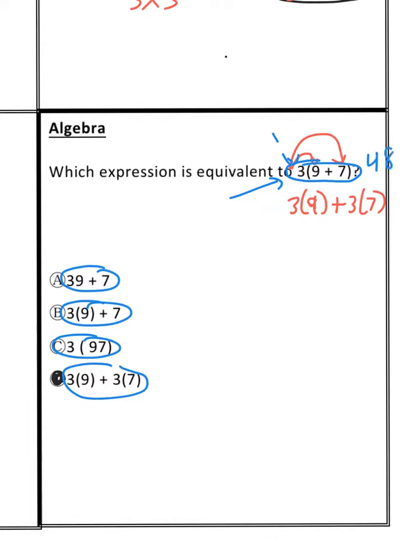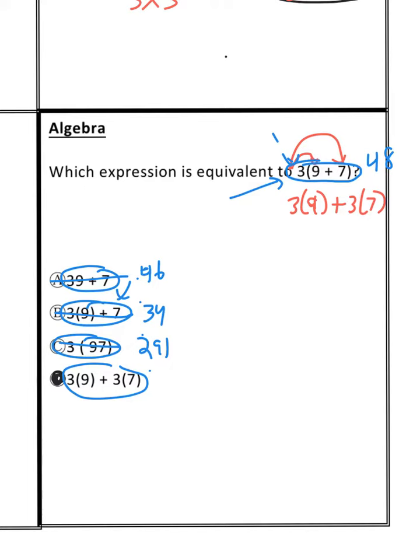So whatever one down here equals 48 is equivalent. So this one, 39 plus 7, that is 46. This one, 3 times 9 is 27, plus 7 is 34. I guess I should write these down. What did I say, 34? Okay. And C, 3 times 97, that is 291, I believe.